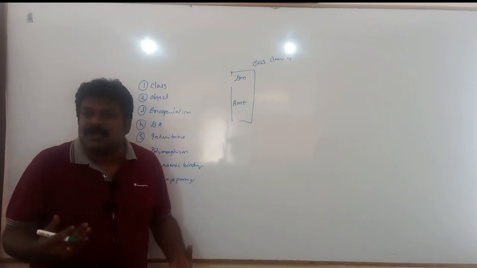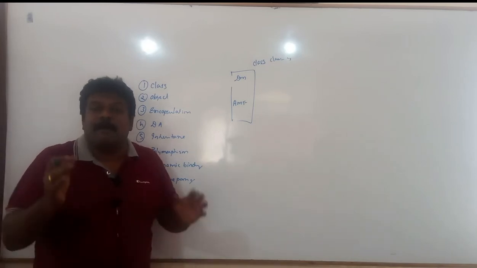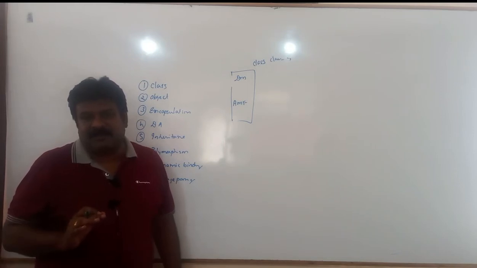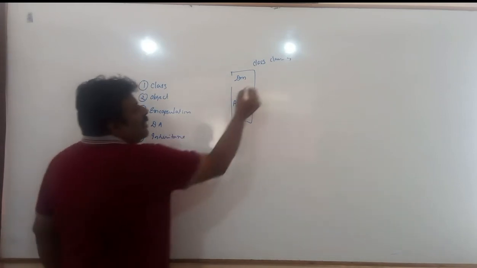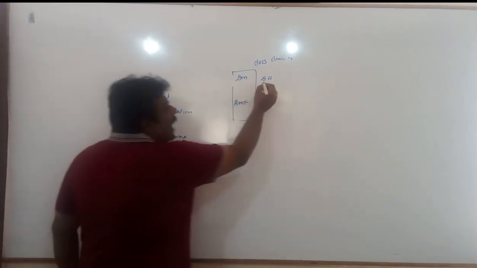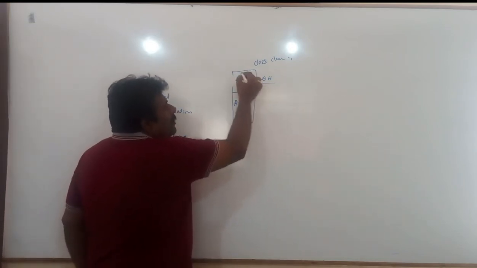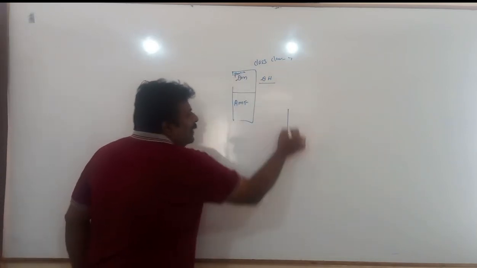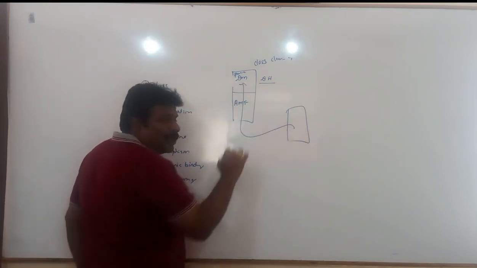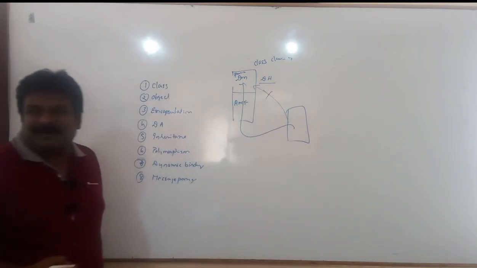The next question is, why have we bundled the data members and associated member functions? The reason is data hiding. Data hiding is a process of making these particular data members private so that the external world accesses these data members through the associated member functions, not directly.